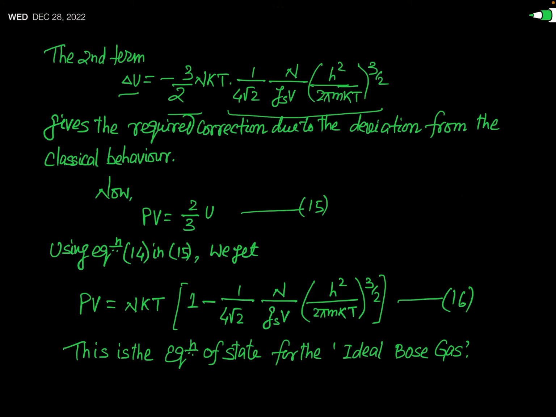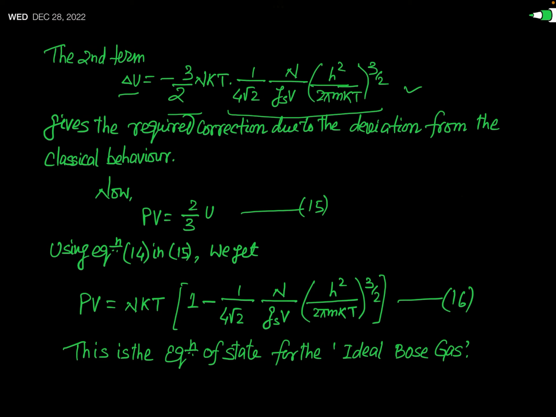This is the deviation of the value of energy of a quantum gas, that is a gas obeying the Bose-Einstein statistics, from the gas obeying the Maxwell-Boltzmann statistics. Both gases are ideal. Both are in the same physical condition. But one gas obeys Bose-Einstein statistics and another obeys Maxwell-Boltzmann statistics.